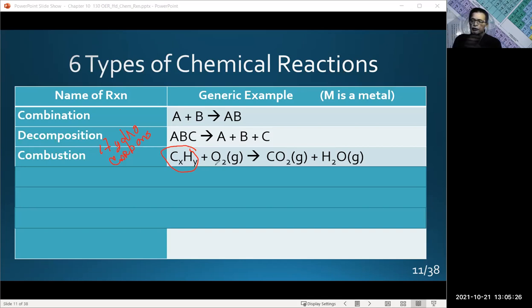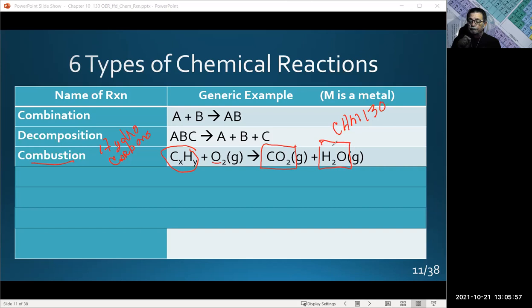One of the key reactants for any combustion, as you well know, is oxygen. Without oxygen, that hydrocarbon will not burn. You will not get your engine to work if you have no oxygen. Now, for Chem 130, the only two products you will get from a combustion reaction will be carbon dioxide and water.